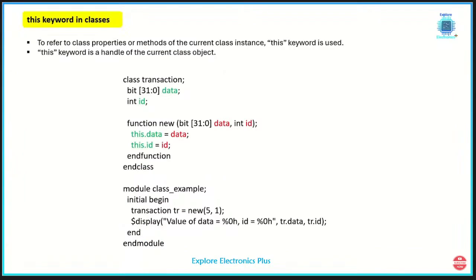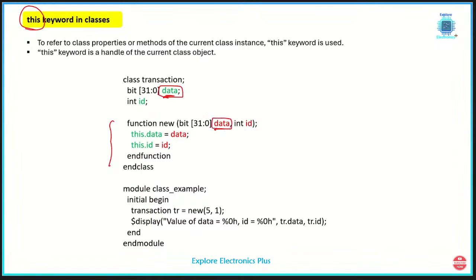We have this keyword in a class. You need to understand this also. Suppose you have a variable called data in a class, and inside a function again I have an internal declaration called data. We have declared the same name. So this data is a variable declared inside a class.